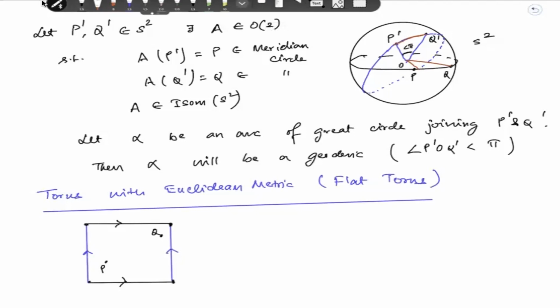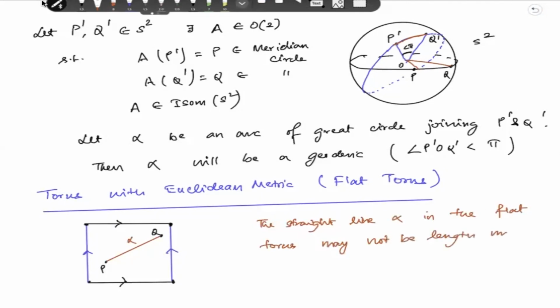If I join it by a straight line, let us call it alpha. This straight line alpha in the flat torus may not be a length minimizing path joining P and Q. So this alpha may not be a geodesic. Why?